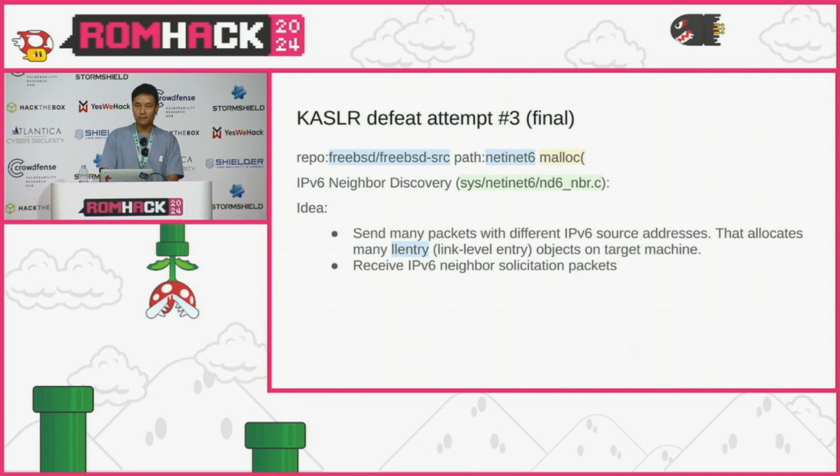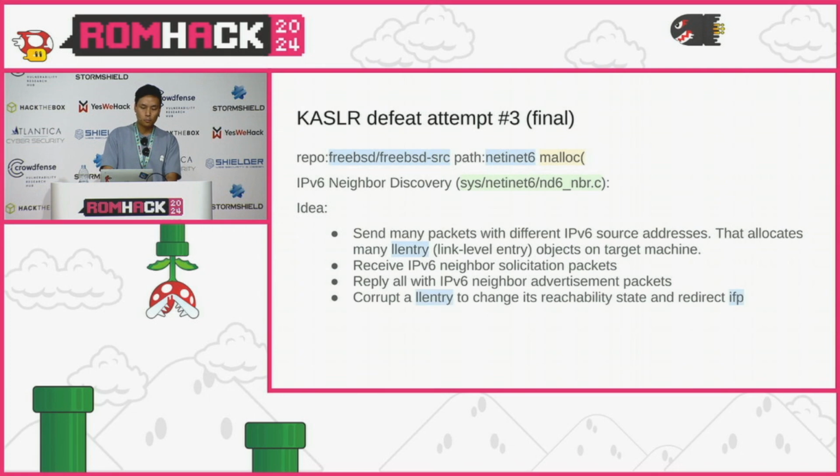Similar to the previous approach, we reply to all of these requests with advertisement packets. And now we corrupt the LL entry of one cache entry, and we change the reachability state back to incomplete. And we also corrupt the IFP pointer, the interface pointer.